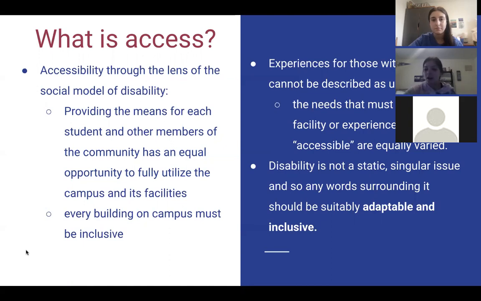There's not really one definition of accessible because of that. And therefore, disability is not a static, singular issue, so anything surrounding it should be adaptable and inclusive. Even given this audit right now and our guidelines right now, things could change in a few years, so everything constantly has to be able to adapt.